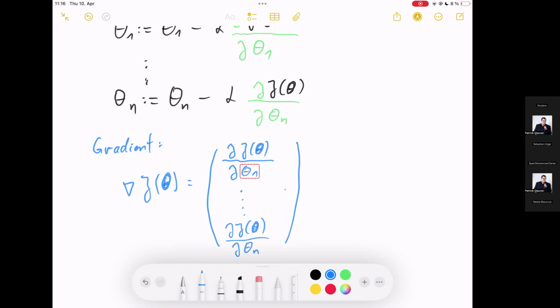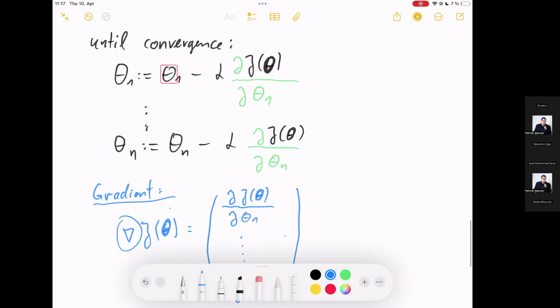Does that ring a bell for the gradient? Maybe thumbs up or green sticker or negative reaction. Maybe some more reactions. So this is the gradient. It's a vector of partial derivatives. And for this, we use this nabla sign here before.